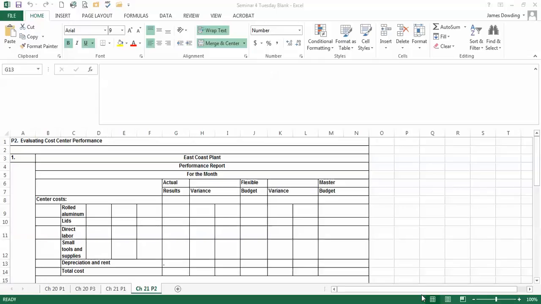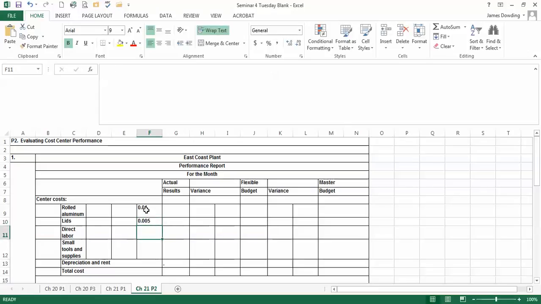This is an illustration of how to do the calculations for Chapter 21, Problem 2. First off, let's enter the information that we were given. Rolled aluminum has a cost factor of 0.01. Lids have a cost factor of 0.005.